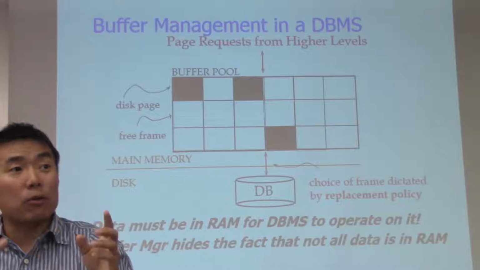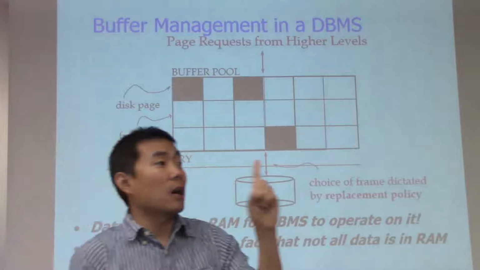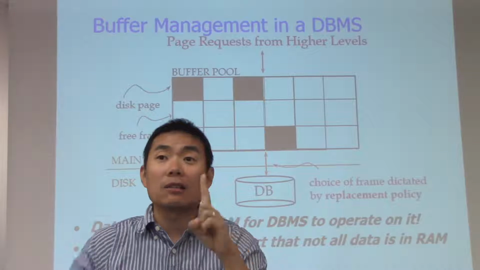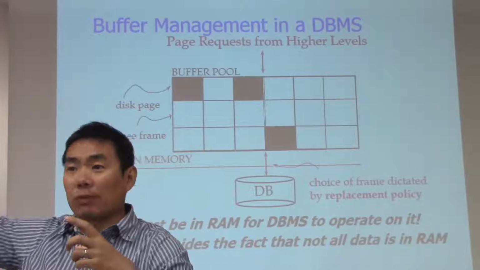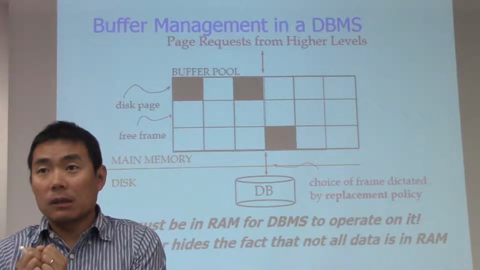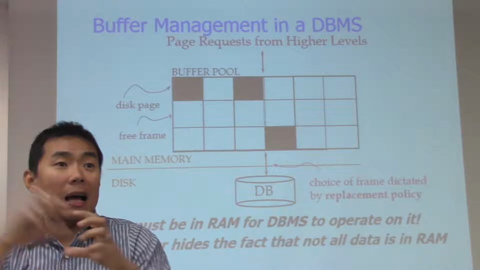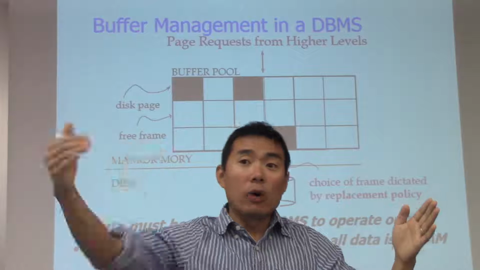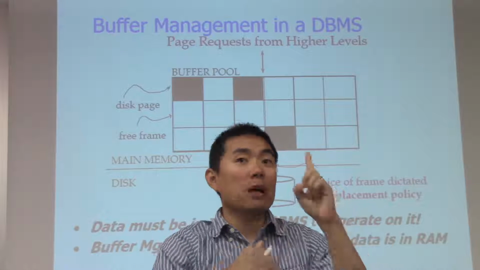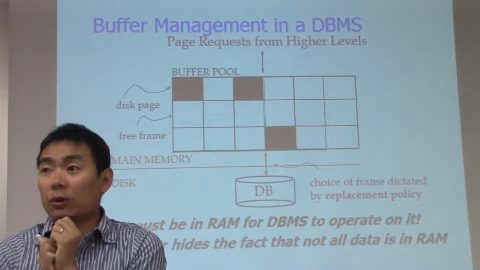And at the end of that process, you increase the pin count by 1 to indicate that this buffer frame is currently used by a thread. Whenever that thread is done accessing that page in the buffer, it will come back and decrement the pin count by 1. Do you follow me?